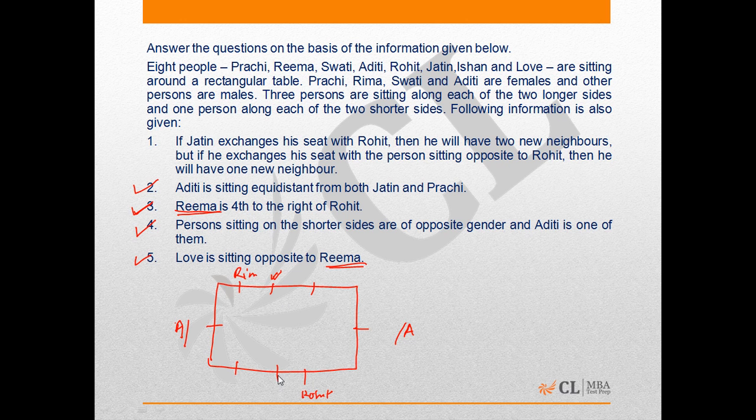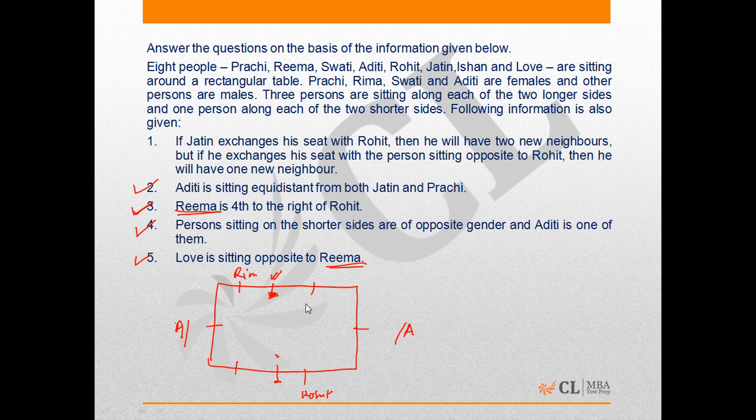In that case Rohit will be at this position, but in this case the second condition would not fructify because Aditi is sitting along one of the shorter sides. So the persons who are equidistant from her will occupy the middle positions along the 2 longer sides.